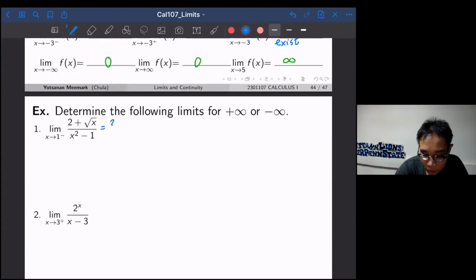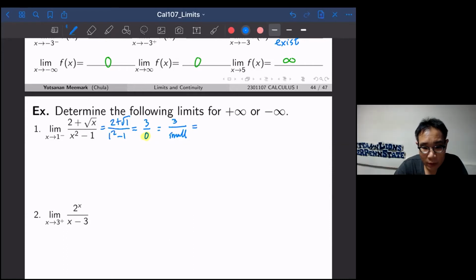It's going to be 2 plus root 1 over 1 squared minus 1, so it's going to be 3 over 0. And you see that this is 3 over 0. It's the thing that I normally say to students is the behavior of 3 over small. When you have 3 over small, this is nearly 0.